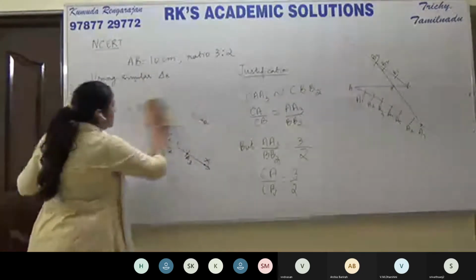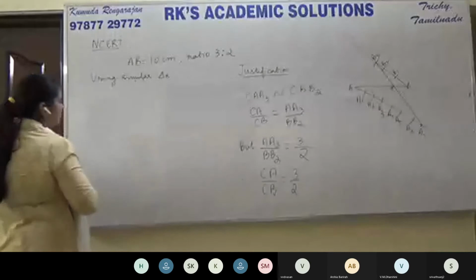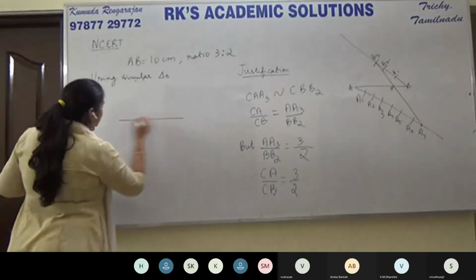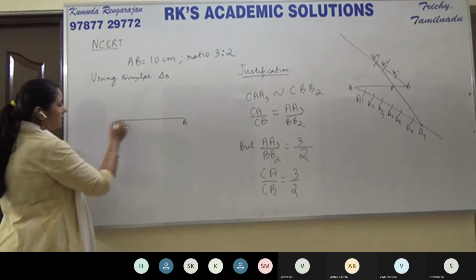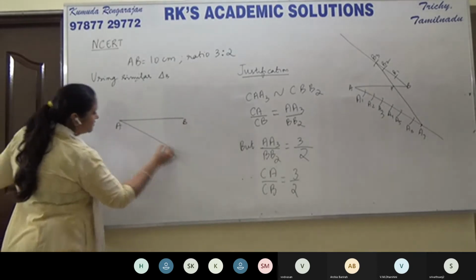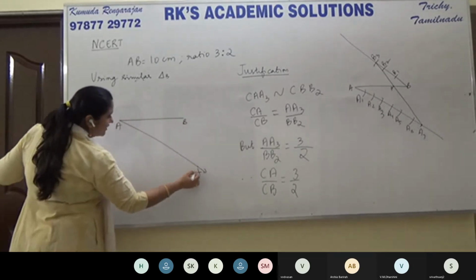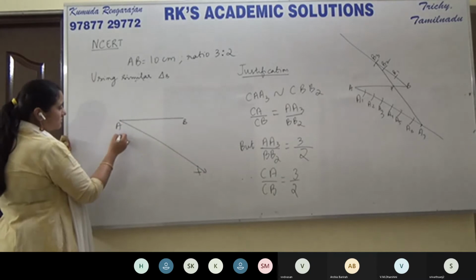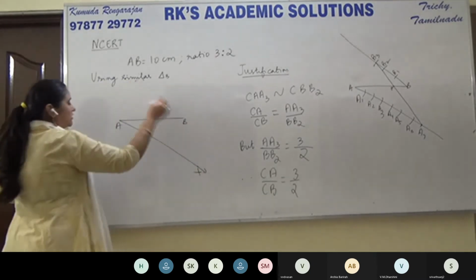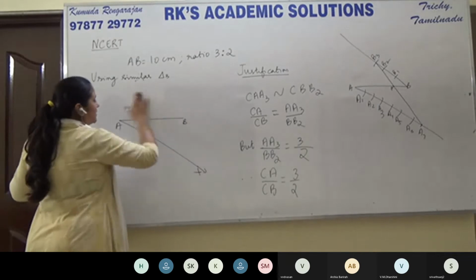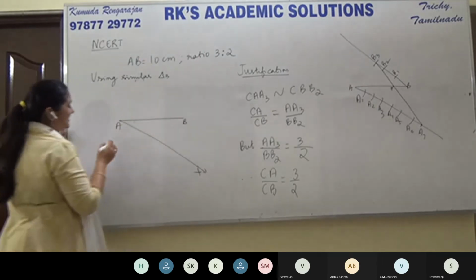So we'll do this quickly. First, AB is 10 centimeters. Then the ray AX at an acute angle. No, before that we need to construct the same angle here. I'm in a hurry, so I'm going off to 3 now.